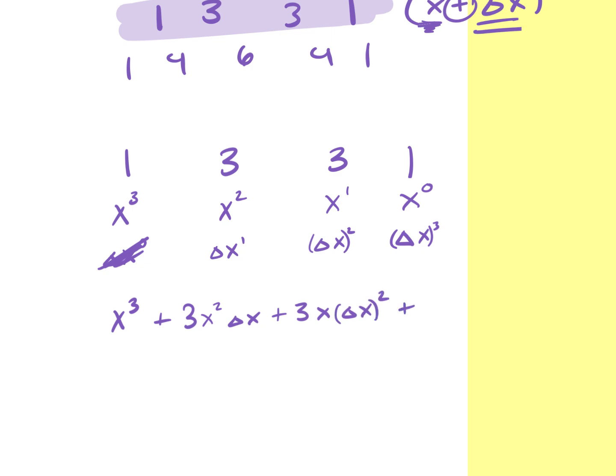Plus x to the power of 0 is just 1, it goes away, so this would just be dx cubed. So this is our Pascal's triangle shortcut. It's going to be a little bit easier than writing it out 3 times and foiling them all together.